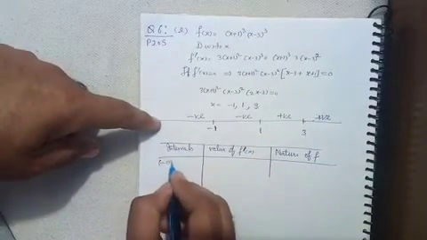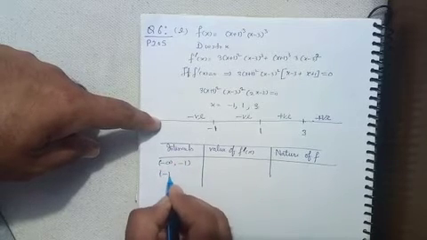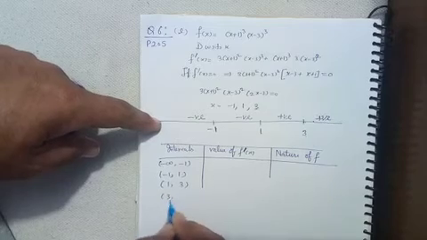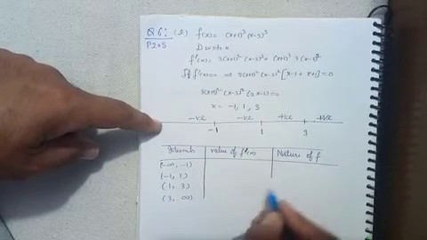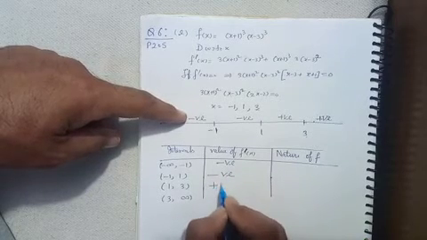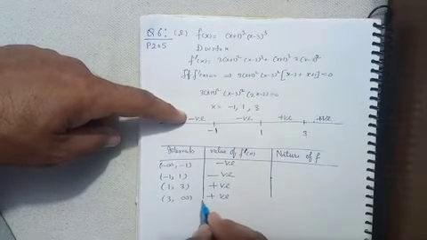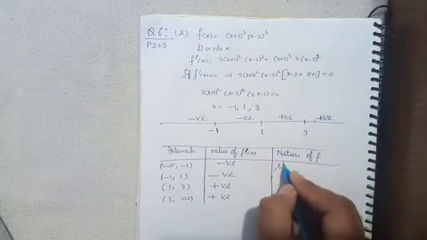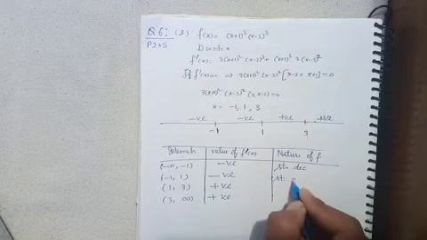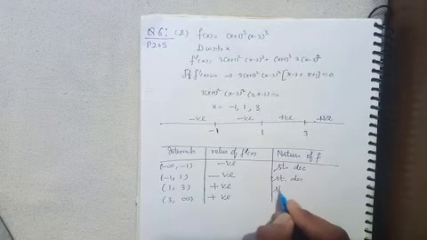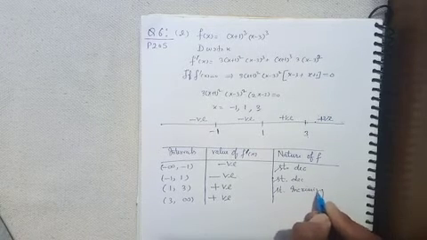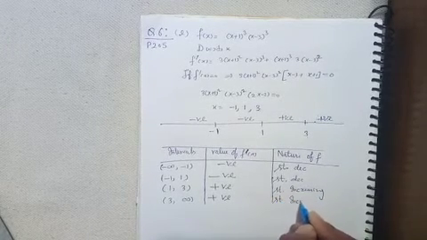It means minus infinity to minus 1, minus 1 to 1, 1 to 3, and 3 to infinity. f dash x is negative, negative, positive, positive. It means the function is strictly decreasing, strictly decreasing, strictly increasing, and strictly increasing.